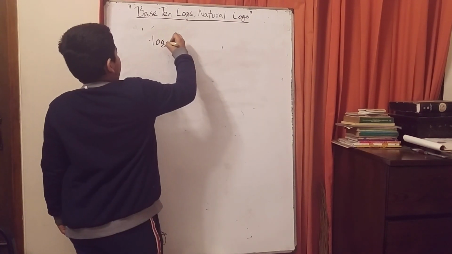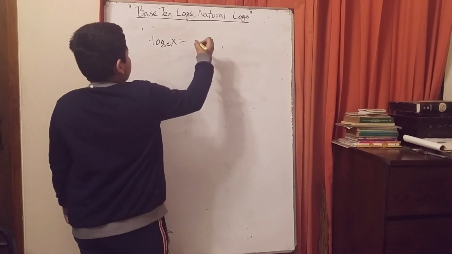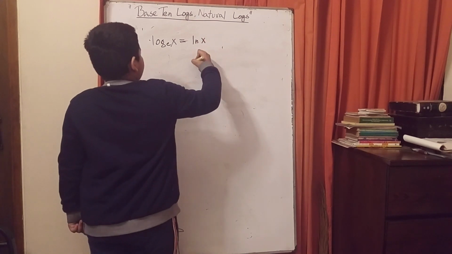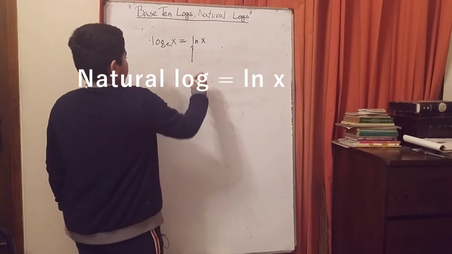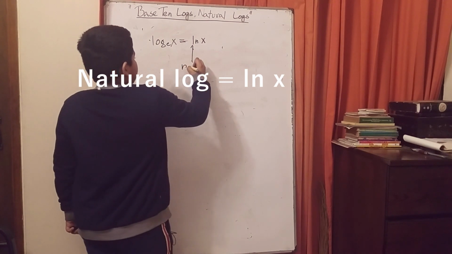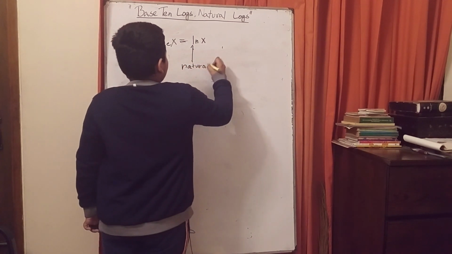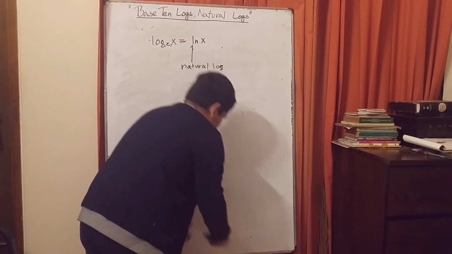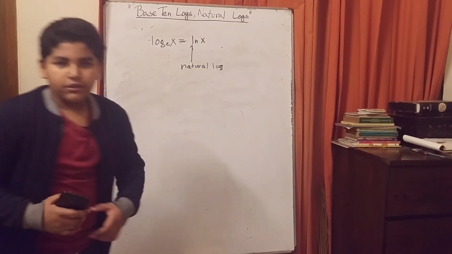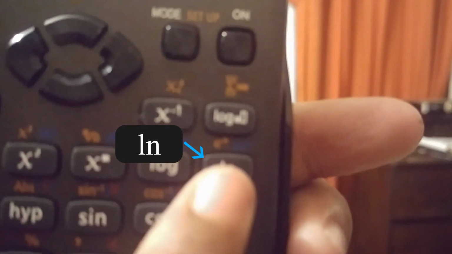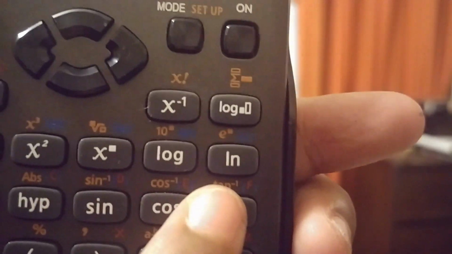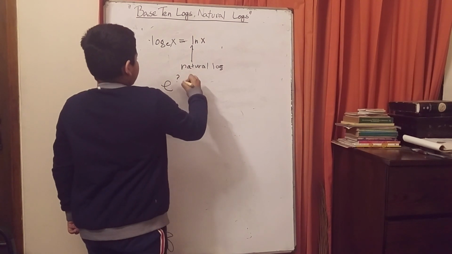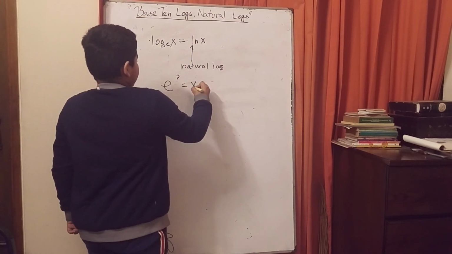So now log to the base e of x can also be written as ln x, and this ln abbreviation will be known as the natural log. That's what this is in the scientific calculator. For a closer look, let me show you. Here is the ln button in a scientific calculator.